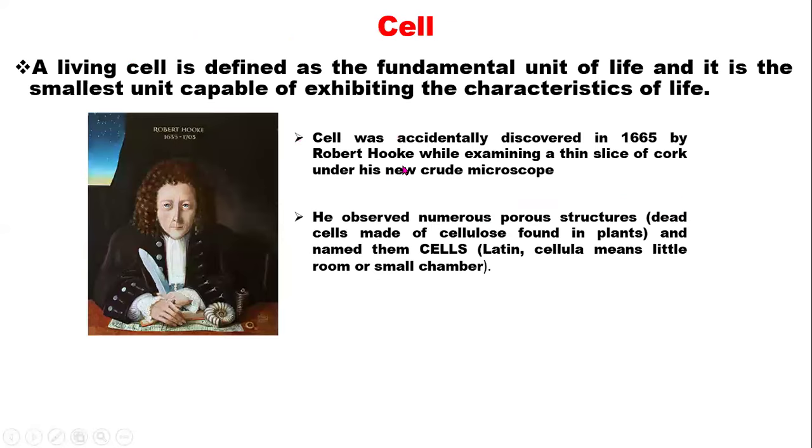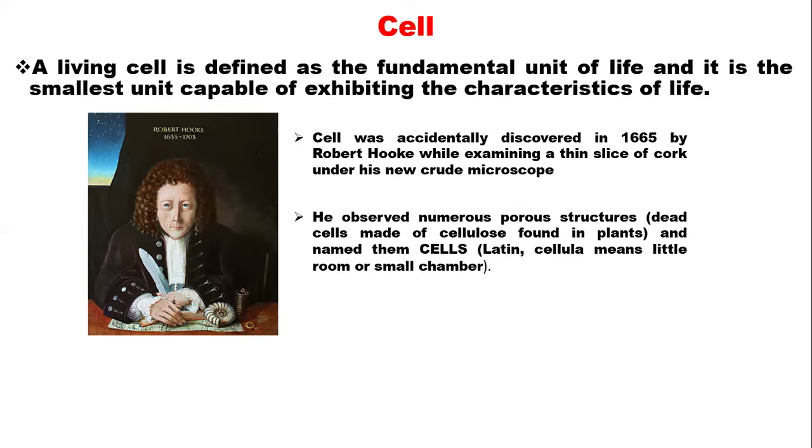Okay, before we continue, we need to understand what a cell is. A cell is defined as the fundamental unit of life, and it is the smallest unit capable of exhibiting the characteristics of life.